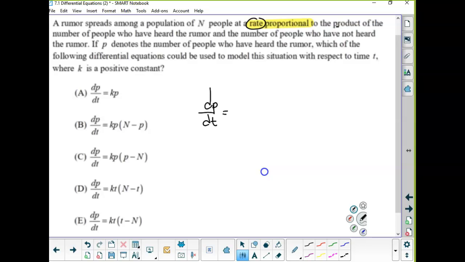But it's proportional to the product, so product means multiply, of the number of people who have heard the rumor. So we're going to multiply the number of people who heard the rumor and the number of people who have not heard the rumor. So that's what we're going to be multiplying.